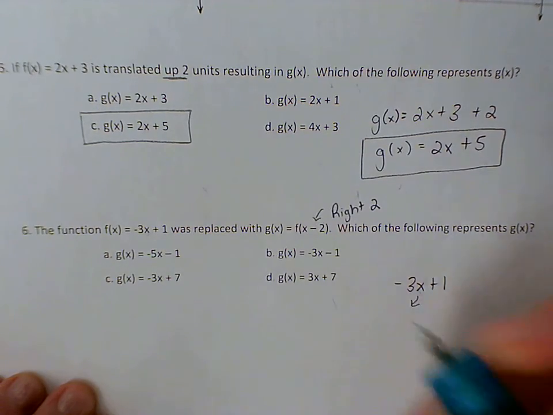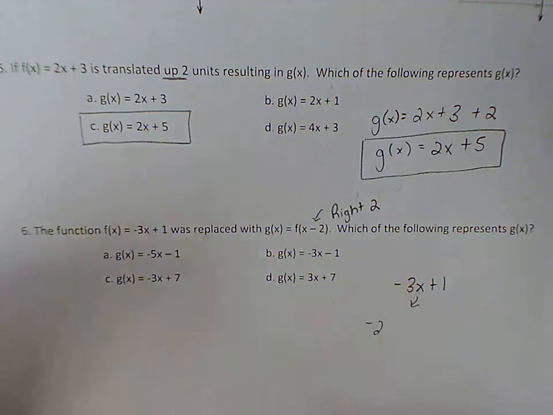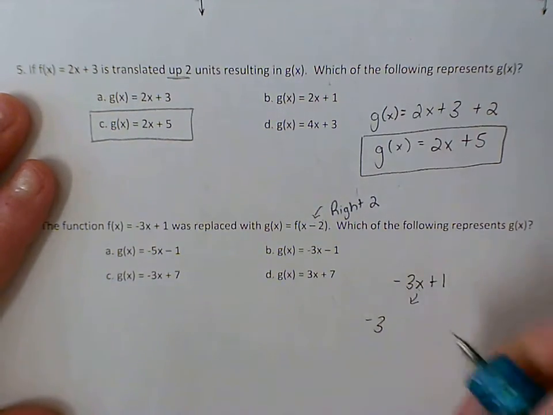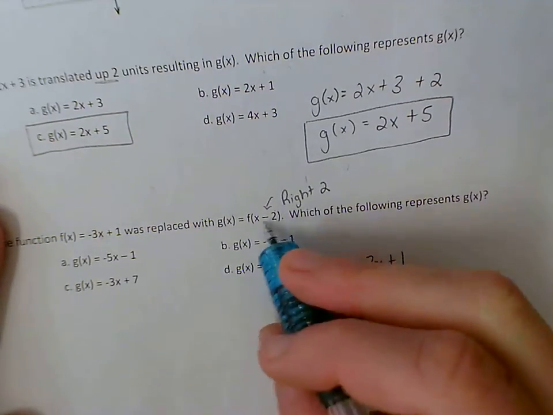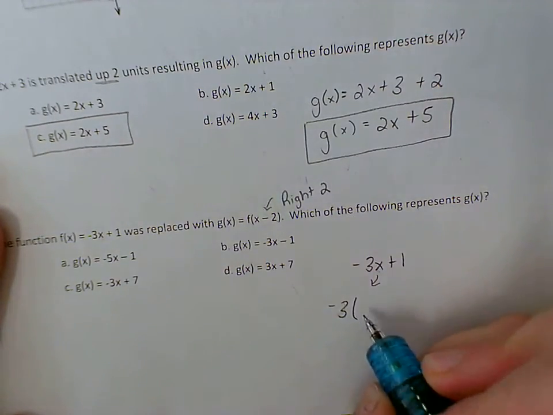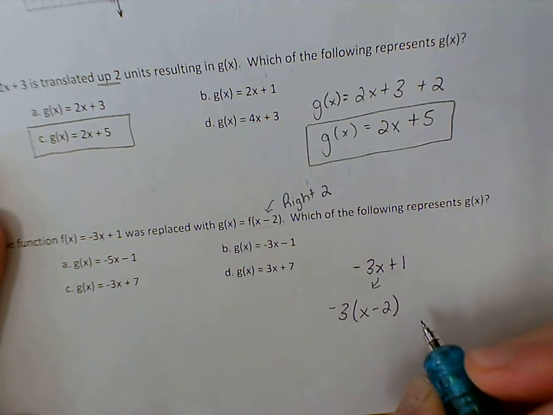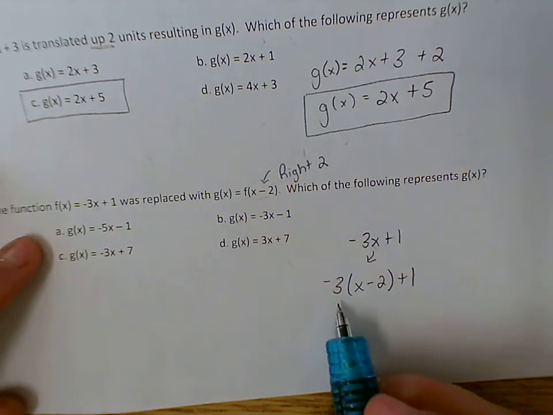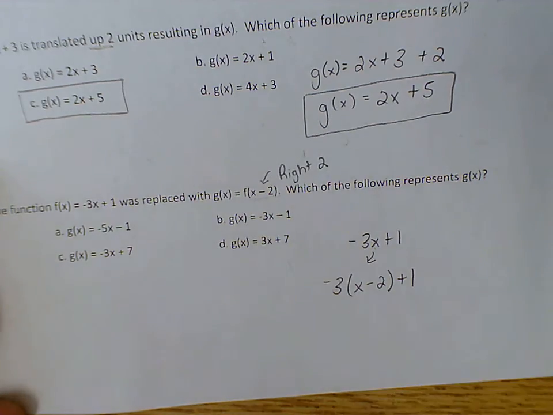So when I rewrite it, instead of the x, I'm going to put what's supposed to go in place of it. So I'm going to put parentheses and plug in that x minus 2, just like that. And then notice I have to write the rest of my equation. If you do that, then that'll transform it like you did in the graph, okay?